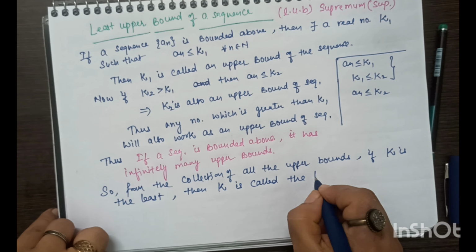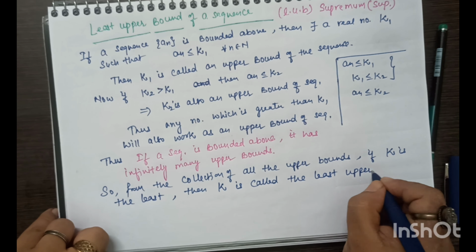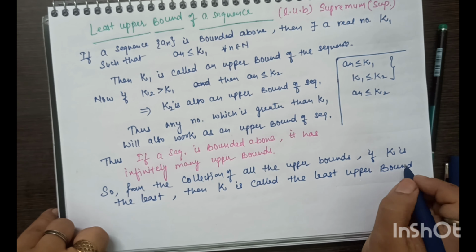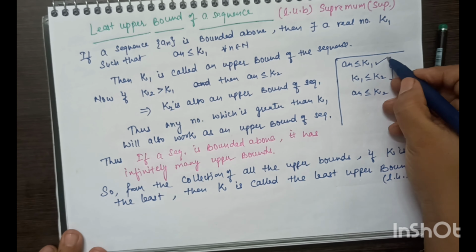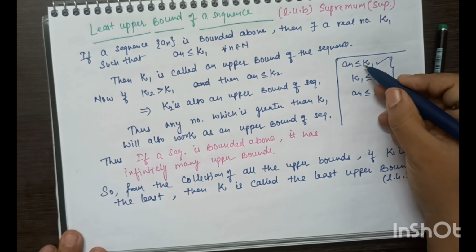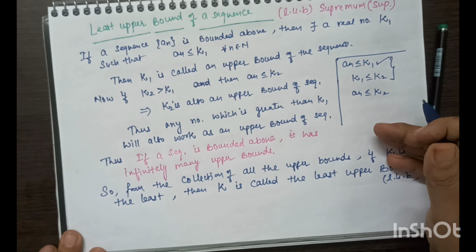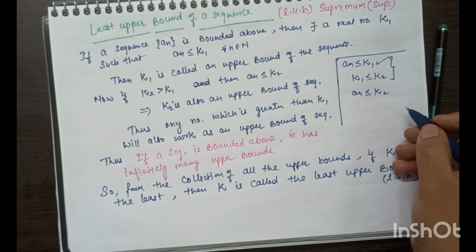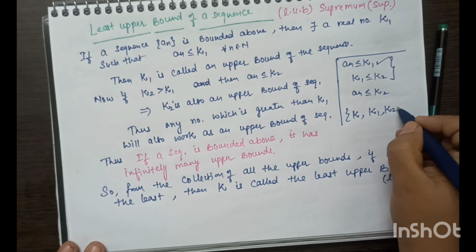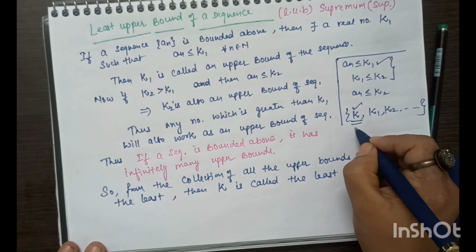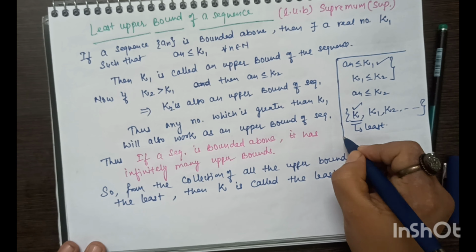K is called the least upper bound, or LUB, of the sequence, right? So this is the criterion of selecting the least value from the collection of upper bounds. We are choosing the least one.